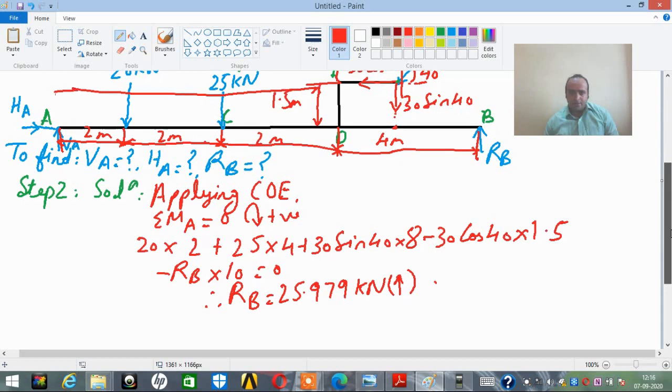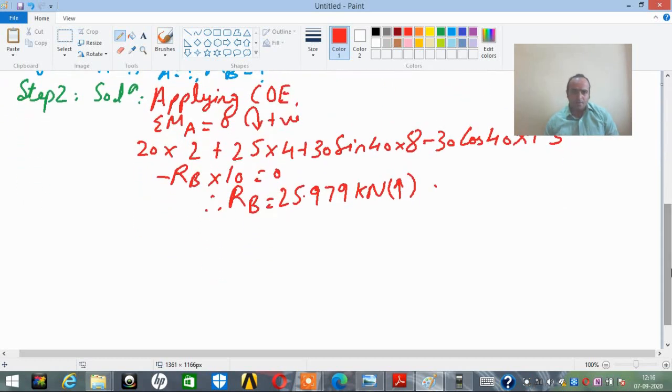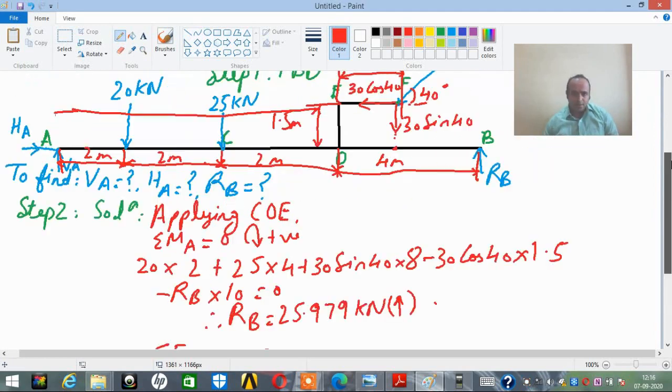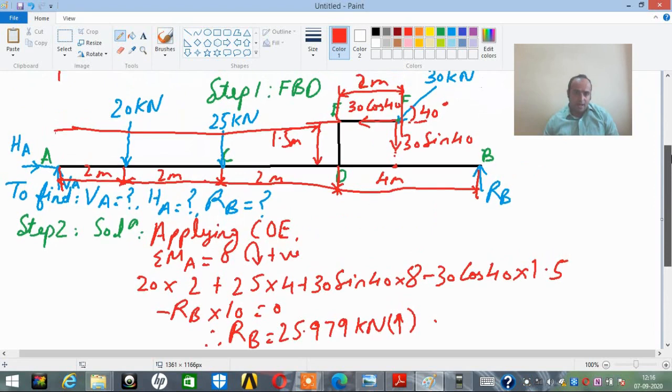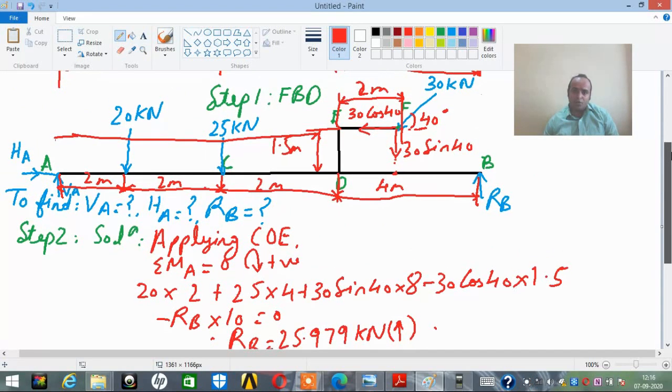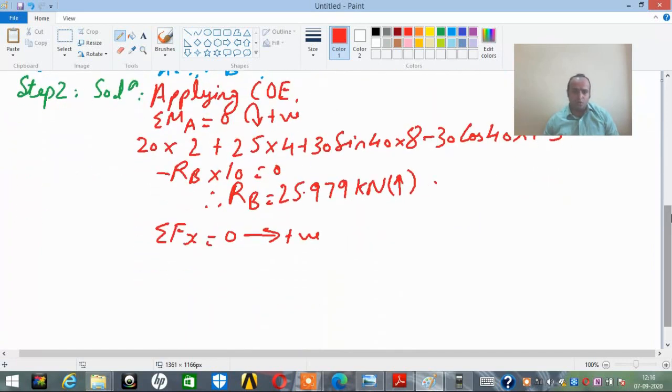Friends, going ahead with the next step, summation of moment we have applied. Let us apply summation Fx to get the value of HA. Summation Fx is equal to 0, acting towards right as positive. Let us just see the diagram and frame the equation. It will be HA minus 30 cos 40 is equal to 0.